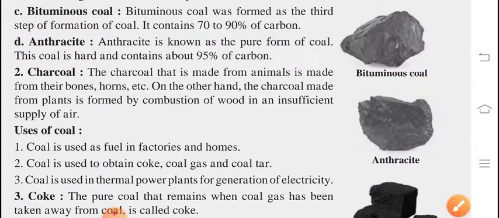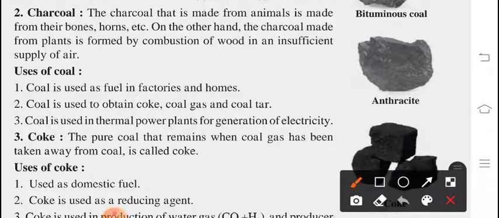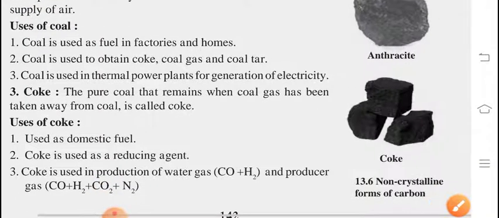Next is charcoal. It is very black in color. The charcoal made from animals is made from their bones, horns, etc. On the other hand, charcoal made from plants is formed by combustion of wood in an insufficient supply of air.